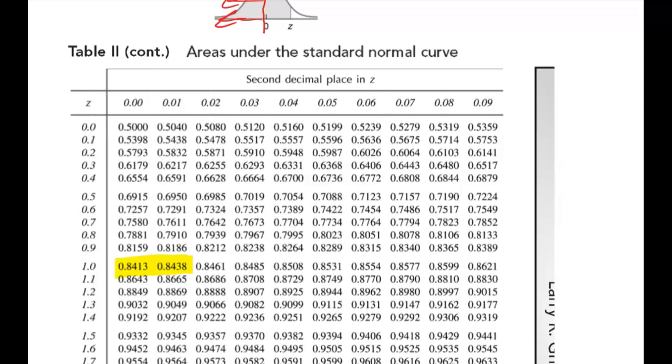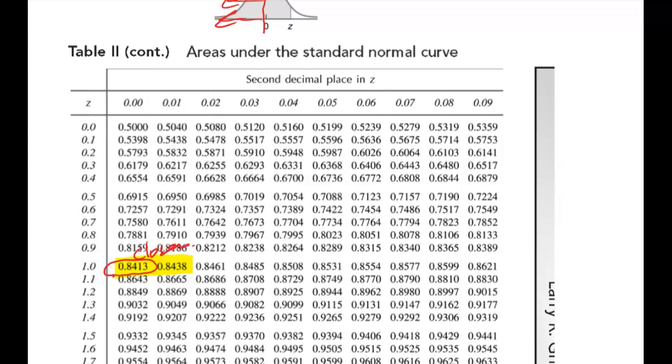Okay, so 21 is going to be closer to 8413 because it's only 0.0008 away from here, but 21 would be 0.0017 from the other one. So it's closer.